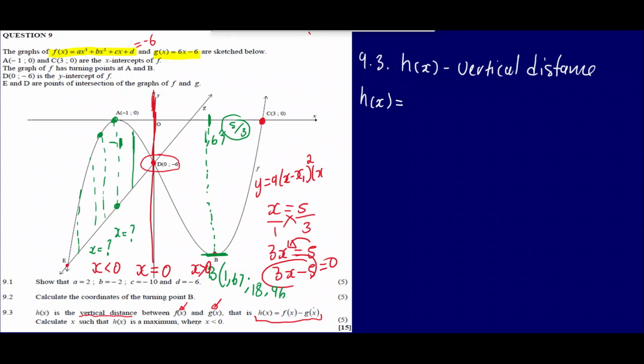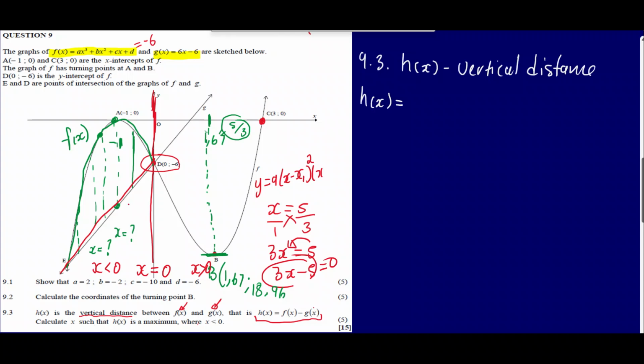So what we do here is we take the functions, and we say h of x is equal to the top function. So we look at the graphs, we look at the portion, and I think it's on the left. The top function is this one, the one in green, which is our f of x.